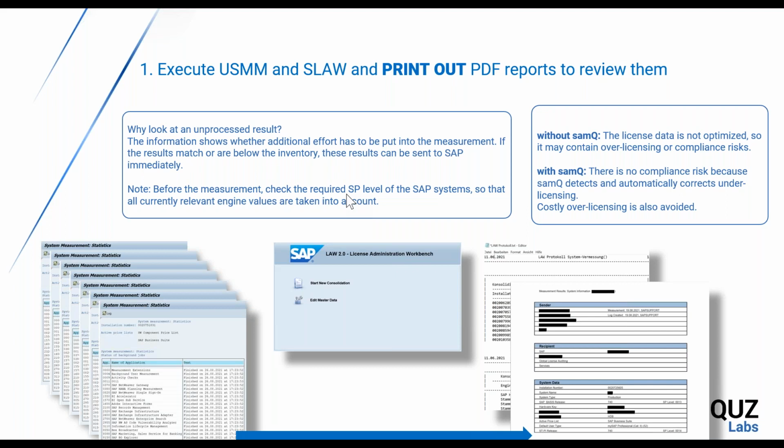This request letter explains exactly what systems are in scope. Control this, because sometimes SAP just doesn't notice if you decommission a system, and they would still request you to measure it, even though it's not necessary. You just need to notify them of the fact that this system is no longer in production.